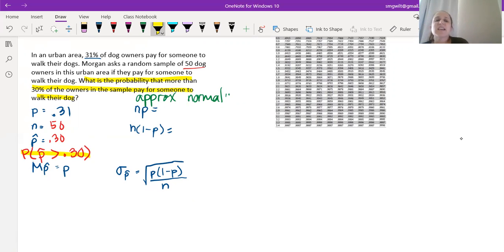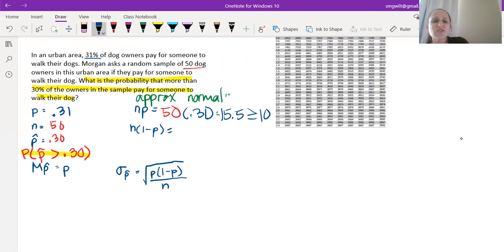So to make sure that I can use the formulas for approximately normal, which are that the mean of p hat is equal to that original proportion, and that the standard deviation of p hat is equal to that square root formula, I have to check that n times p, so 50 times 0.31, is greater than or equal to 10. And if I calculate that, that gives me 15.5.